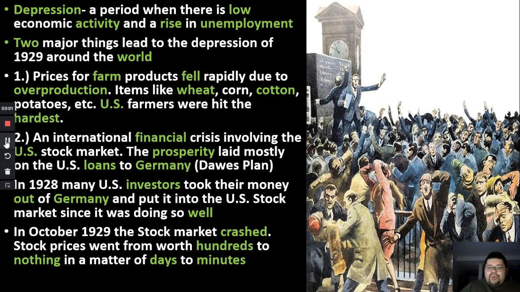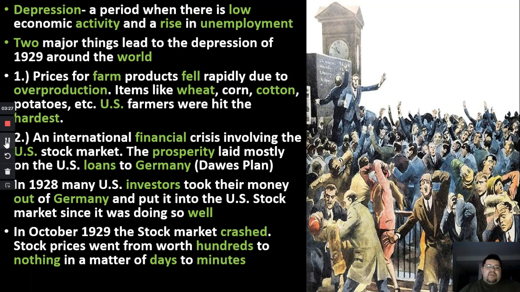Do you think they were the only people who saw that? Farmers thought, wow, the price of wheat is really high. Let's plant a bunch of wheat. All the other farmers around the world did that. And that's what happened. Everyone else was making wheat and corn and cotton. So the price didn't stay up there that long because everyone was making it. The price shot down.